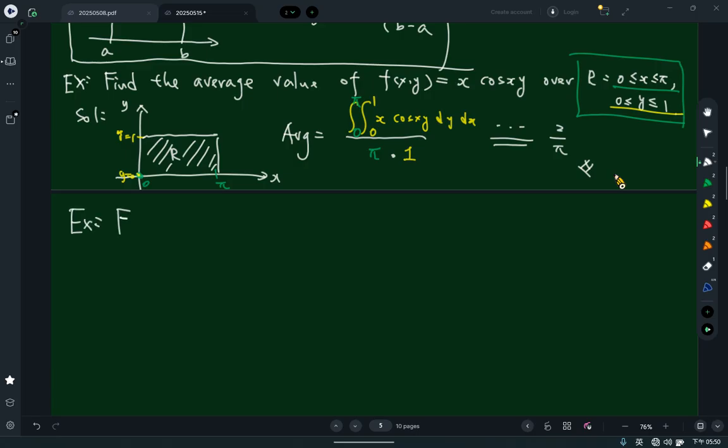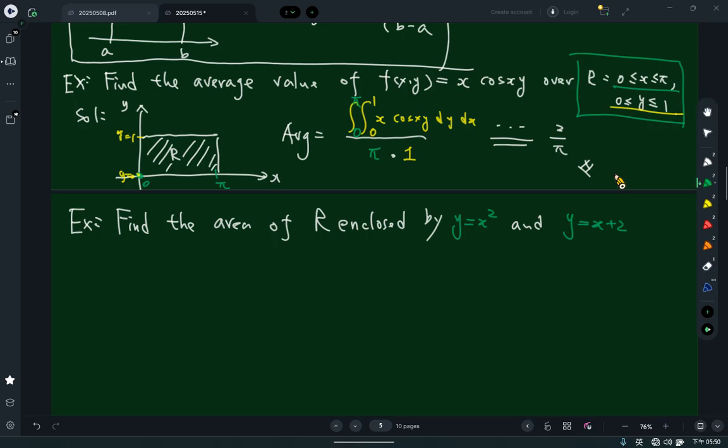Okay, then I will give you another example which is more complex than this one. Please find the area of R which is enclosed by y is equal to x squared and y is equal to x plus 2.